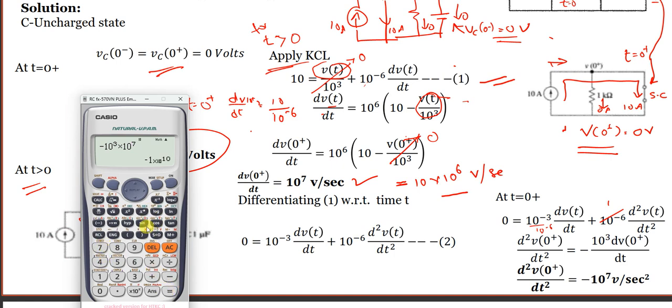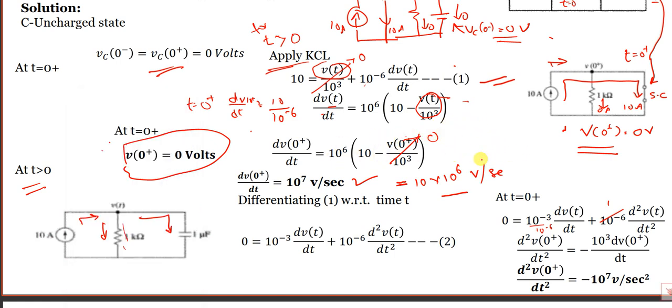It is equal to minus 10 into 10 power 9. This answer is actually, I think, wrong. We'll check it out.